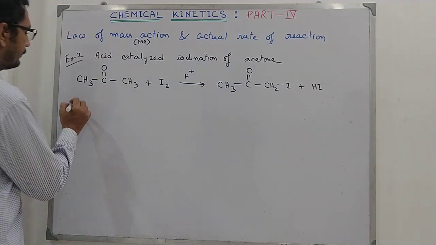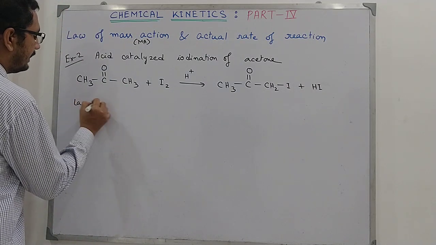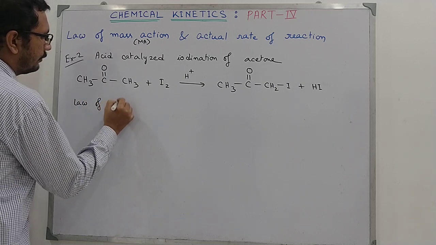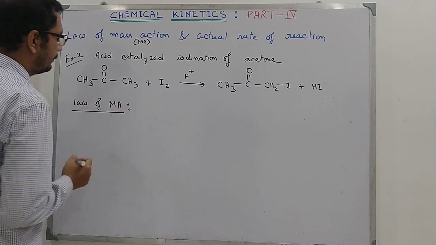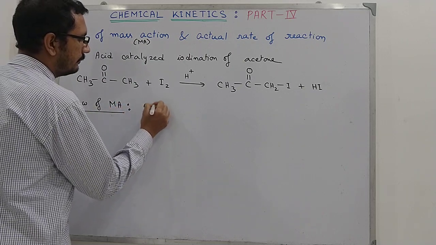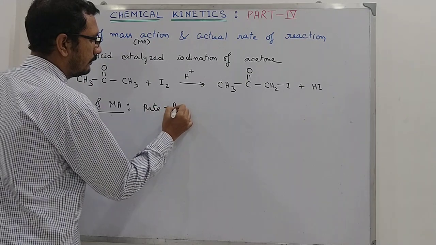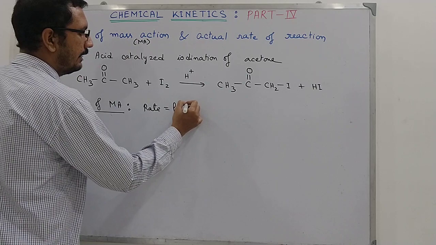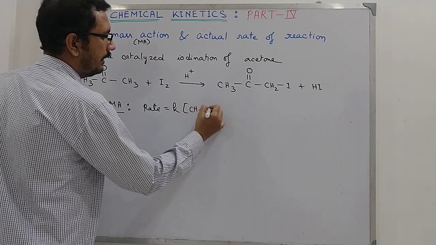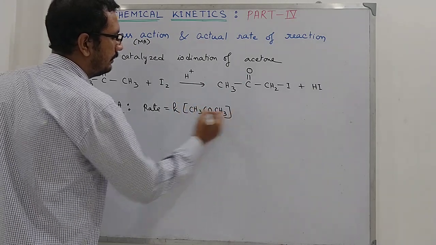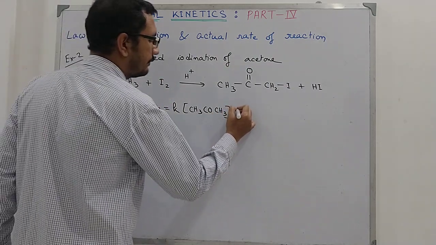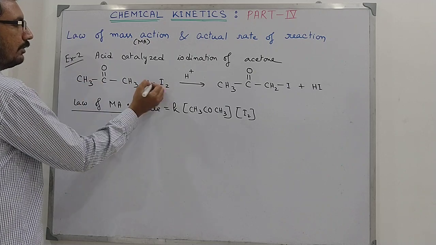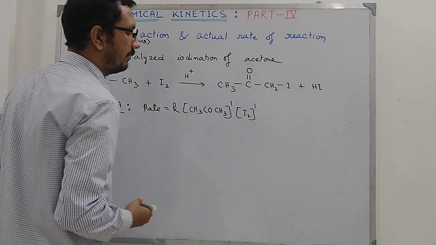Now if we apply the law of mass action here, what will this law of mass action do? It will suggest that you write the rate equal to the rate constant, then write the reactants appearing in the reaction, and then take the coefficients and put them in the power.